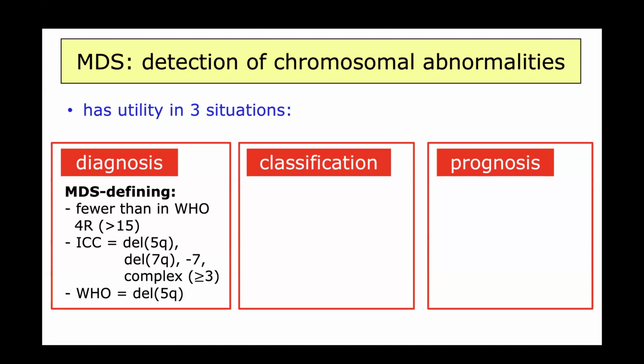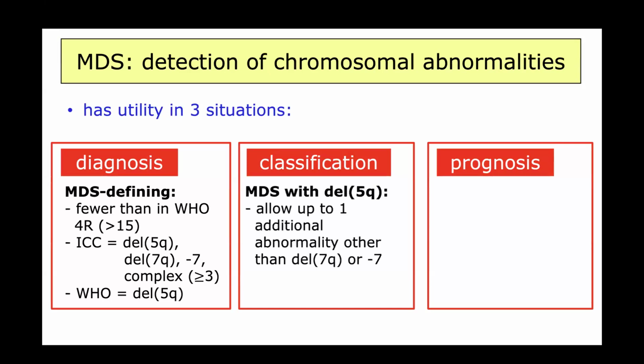These have been dramatically reduced by the International Consensus Classification to just deletion 5q, deletion 7q, monosomy 7, and complex cytogenetics, whereas WHO only recognizes 5q minus, del 5q, as MDS defining. So a lot easier to handle these fewer cytogenetically defining types of myelodysplastic syndrome.